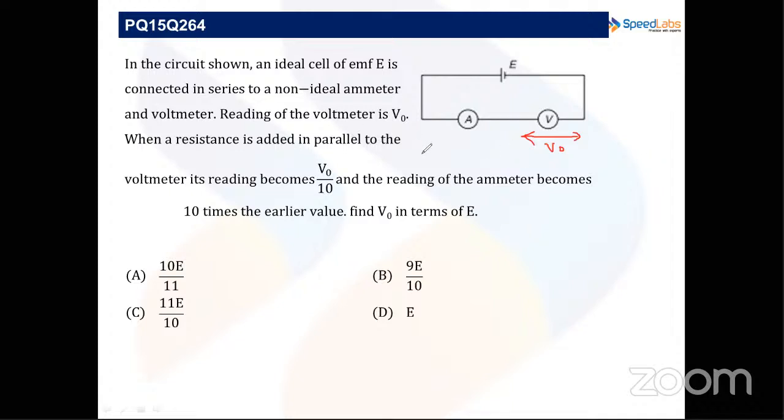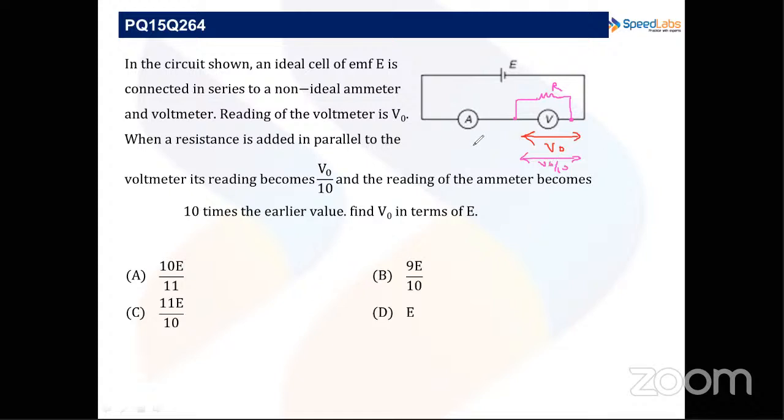Then when we add a resistance in parallel to the voltmeter, basically a resistance added here, and how much it is we don't know, so let us call it R. It gives a new reading, and that is V0 by 10.